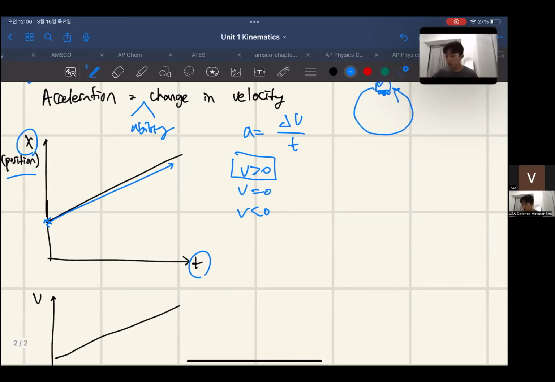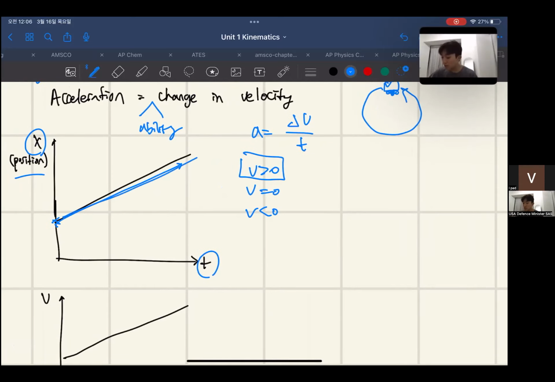If you look at the graph, you can see the position increases at a constant rate. At t equals 1 second, and at t equals 3 seconds, you can see the object is still increasing its position at the same rate because the slope is the same.